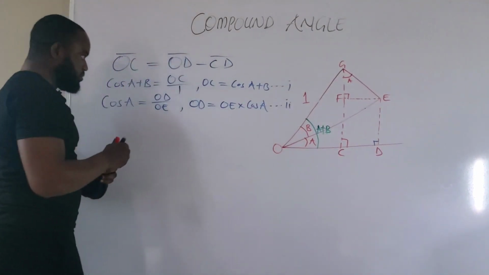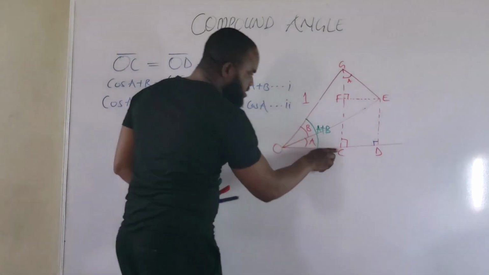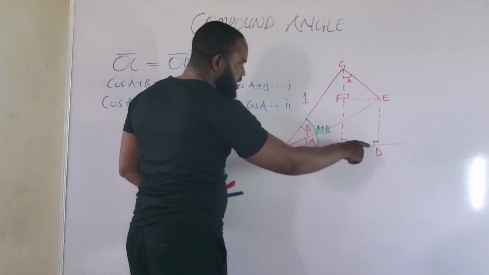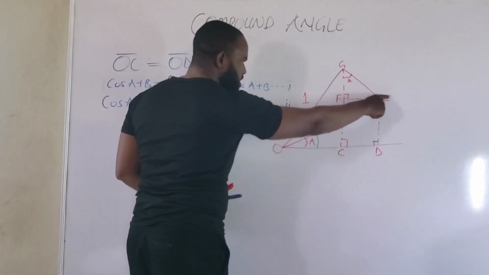Next is what of CD? CD is the distance from here to here. Interestingly, we also found that that is equal to the distance from here to here, which is EF.